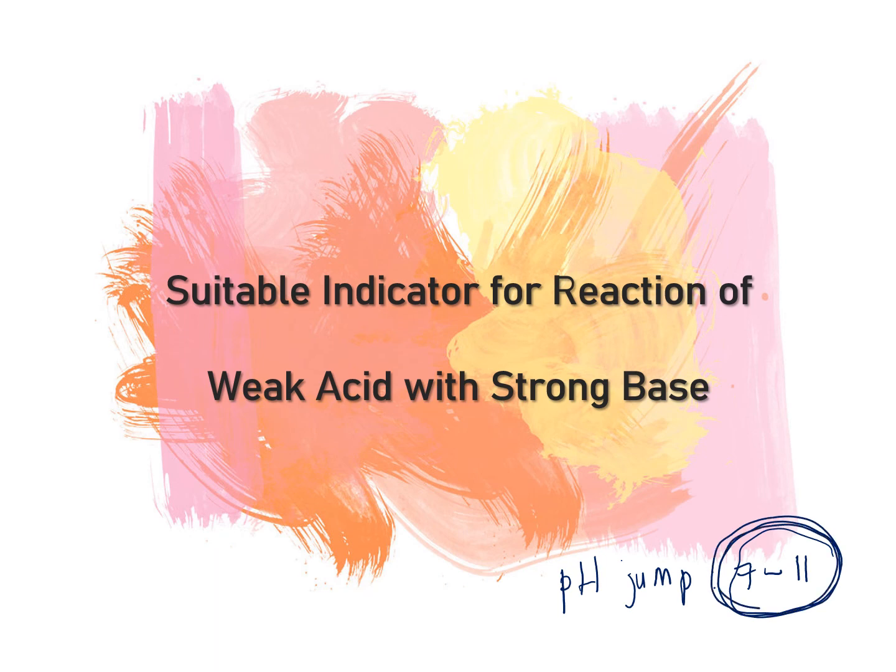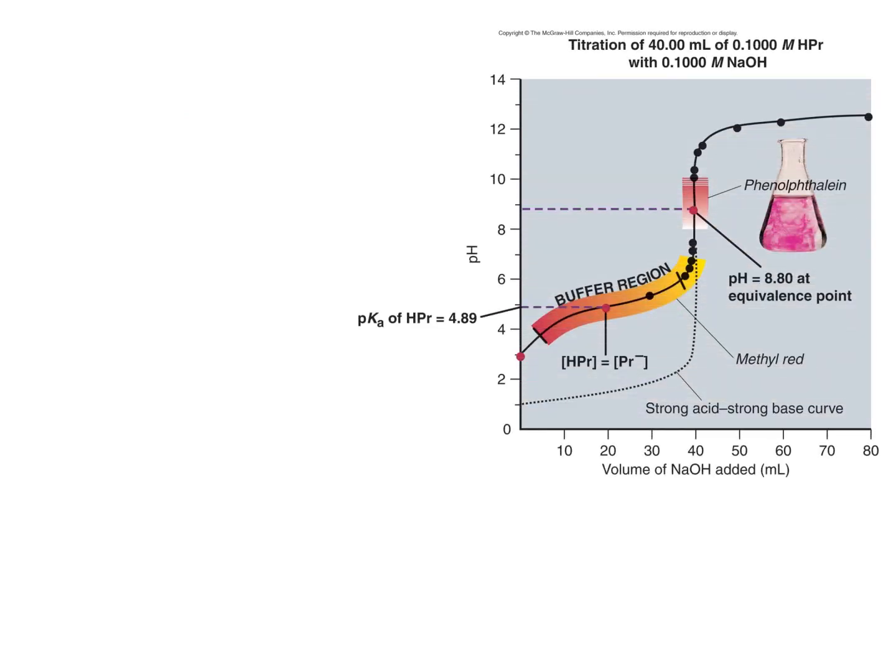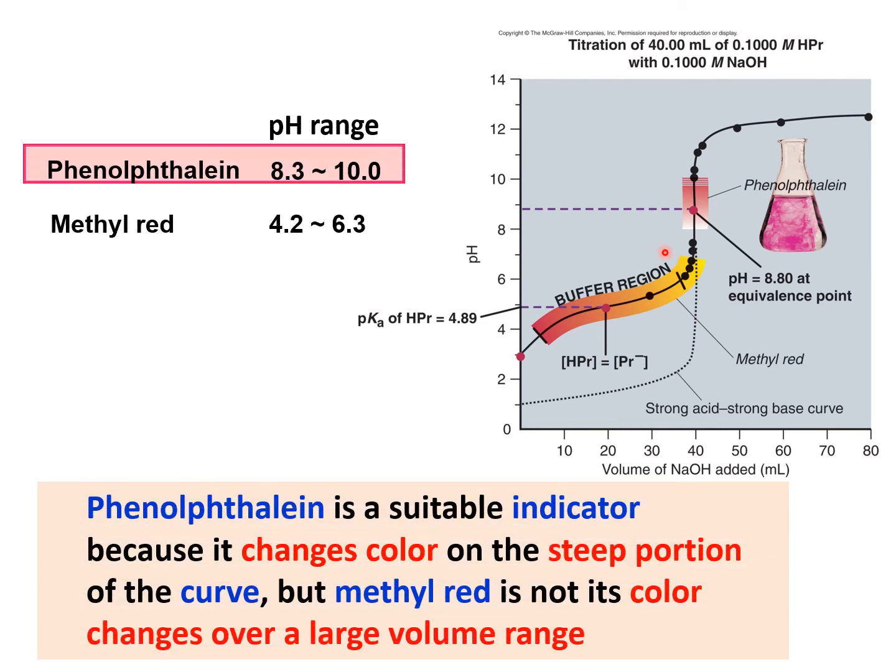Okay, so let's take a look. Daripada gambar yang ada dekat sini, ini adalah kita punya buffer region. Yang ini kita punya pH jump tadi daripada 7 ke 11. So, kita punya indikator mesti duduk dekat area sini. Let's say saya gunakan contoh dua ni, phenolphthalein dengan methyl red.